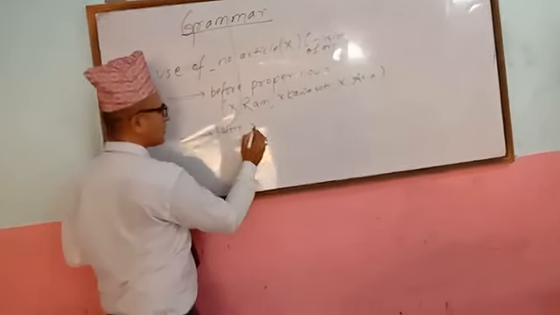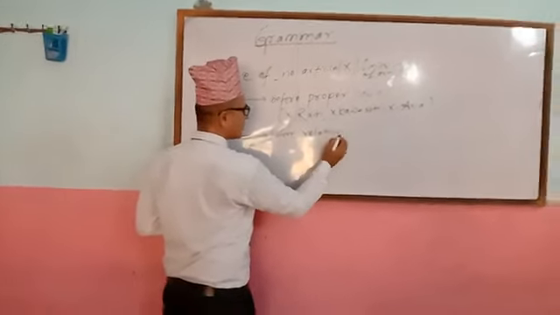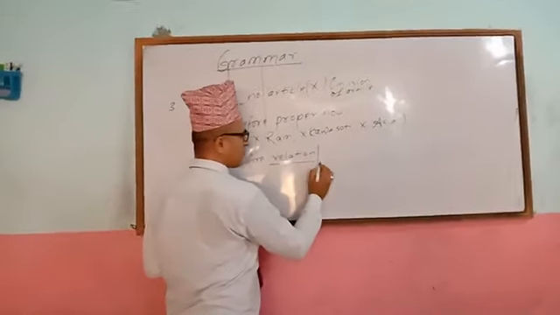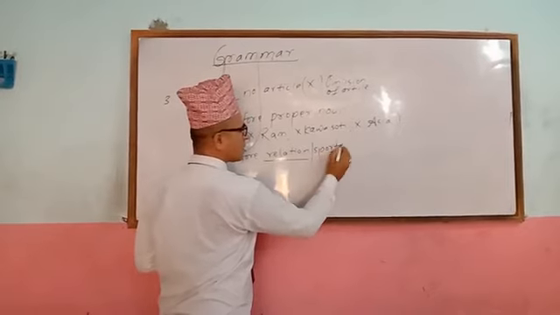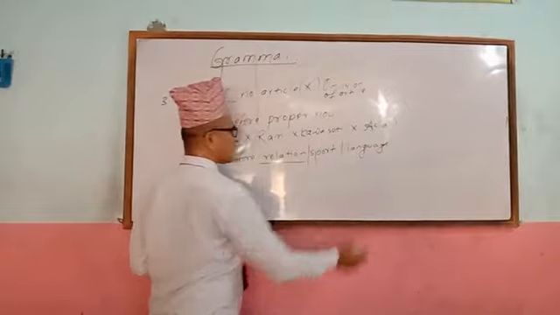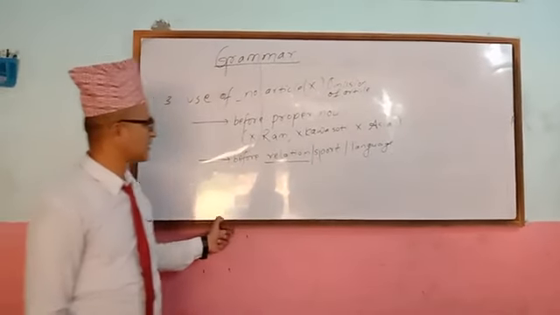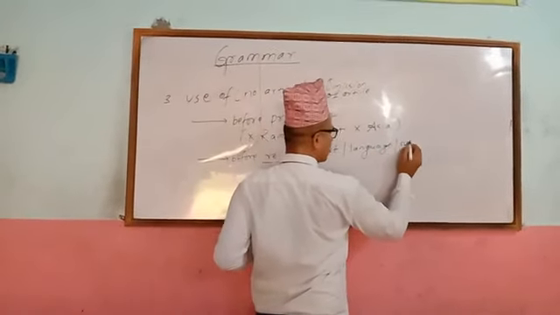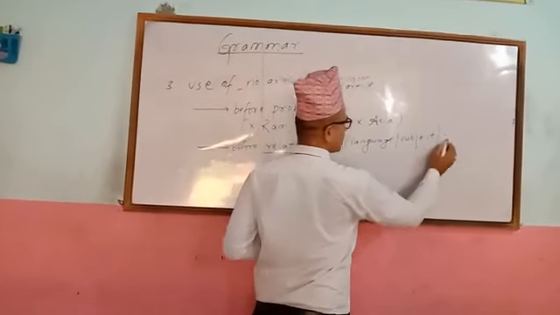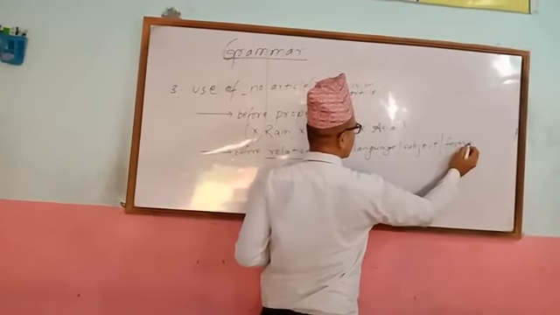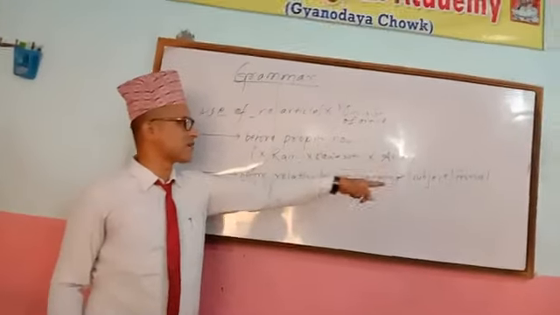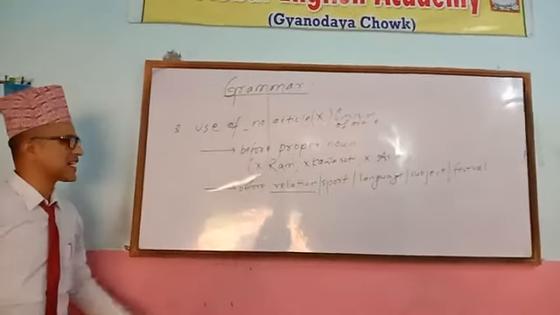Before relation, we cannot use any article. Before relation, sport, language, subject, right? Festival. Look at that. Relation, sport, language, subject, festival. We don't use any article.